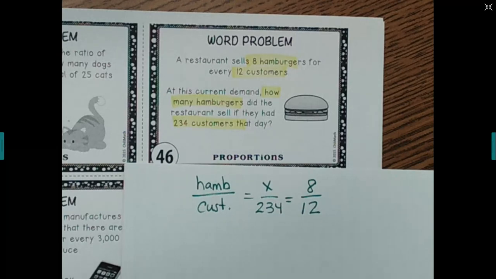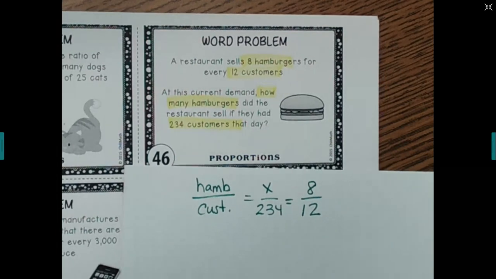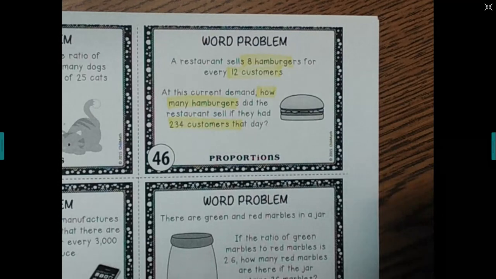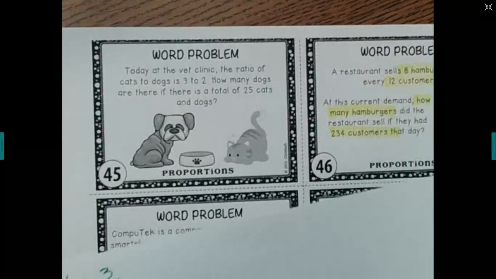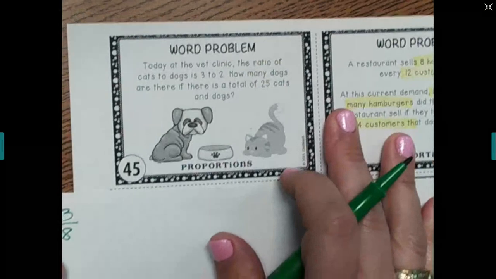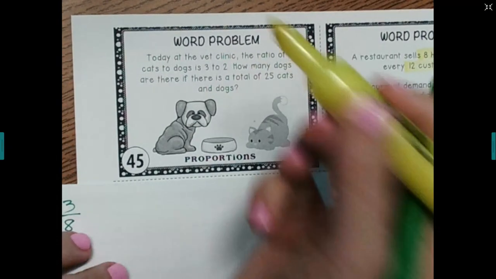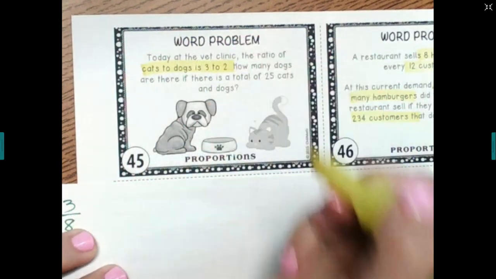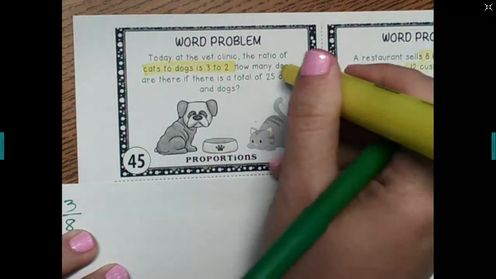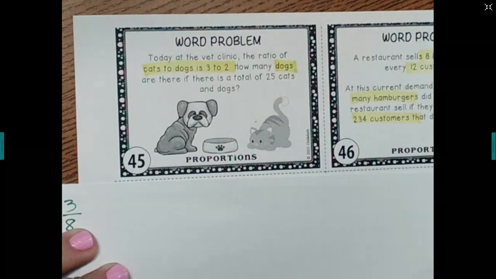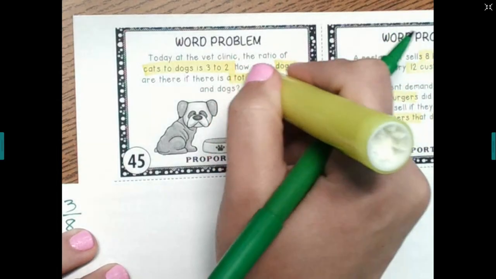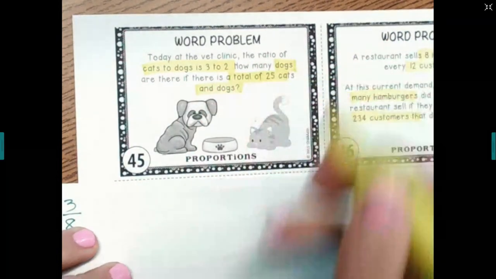I actually want to do one more that has a total with y'all. So last one that's got a total. Let's just do this one. Today at a vet clinic, the ratio of cats to dogs was 3-2. Cats to dogs, 3-2. How many dogs are there if there is a total of 25 cats and dogs?